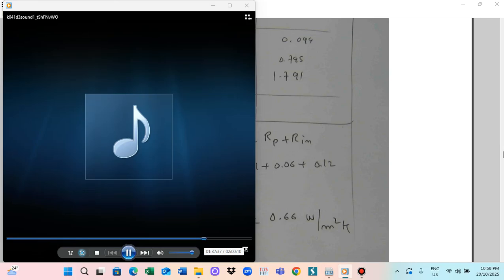Because of the laminated point, RFL1 and RFL2 are in meter square Kelvin.